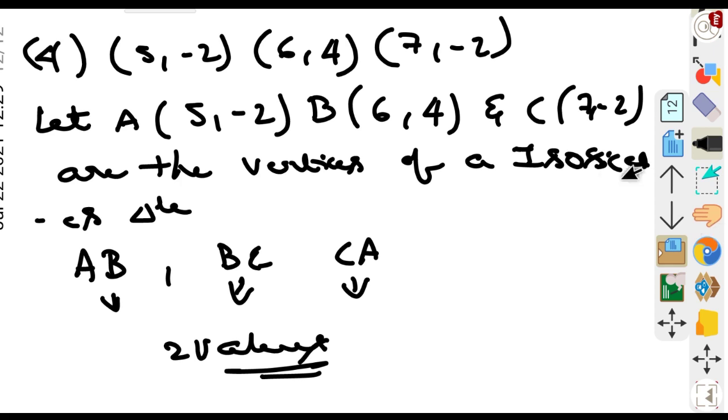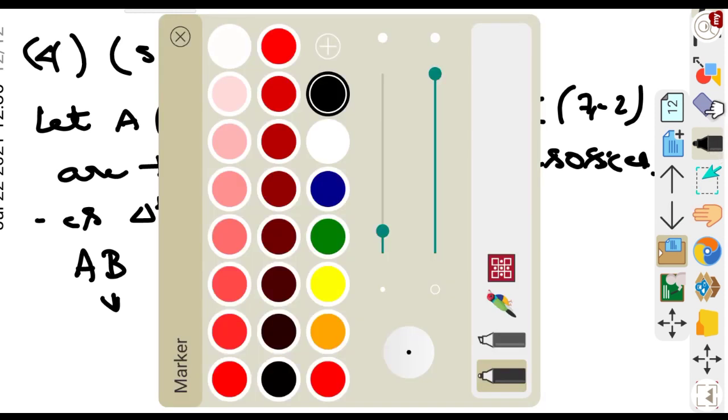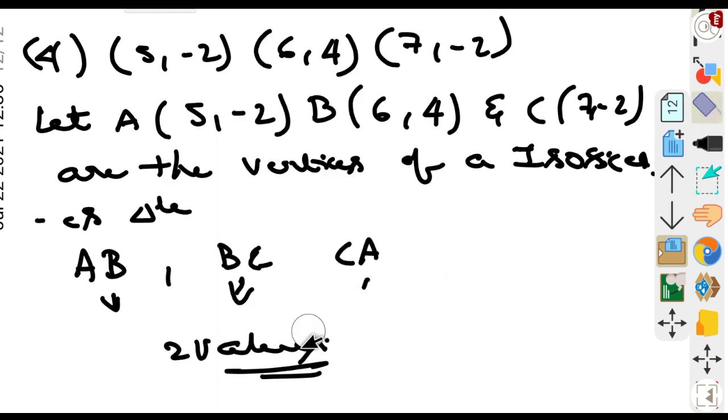So by using the distance formula, find the distance between AB, afterwards BC, afterwards CA. If two answers are the same, we can come to a conclusion that the given coordinate points are vertices of an isosceles triangle. This is how we'll solve the problem, and this is also a very important problem, children. They can ask it for 2 marks.